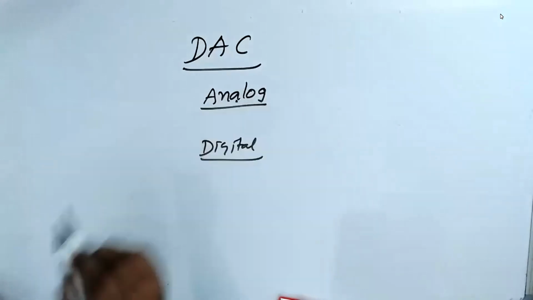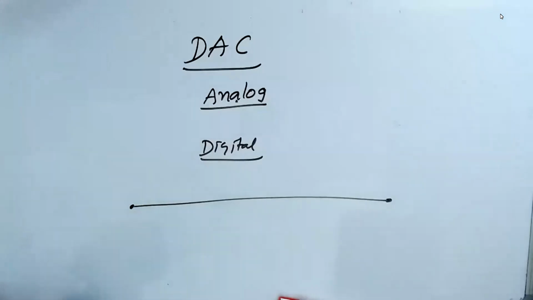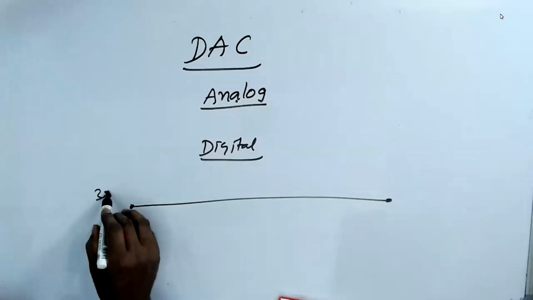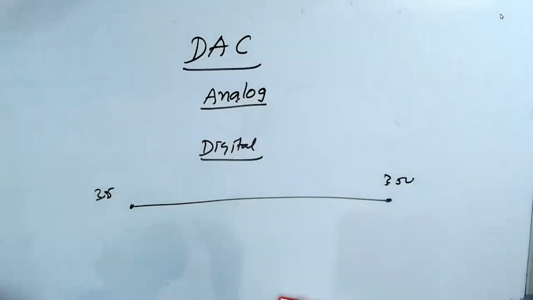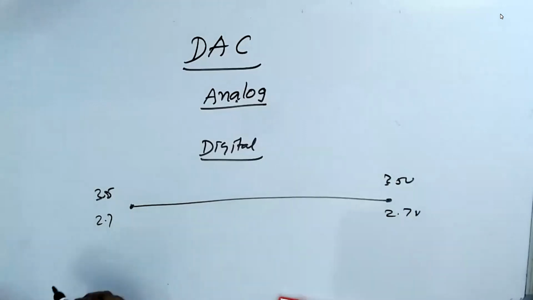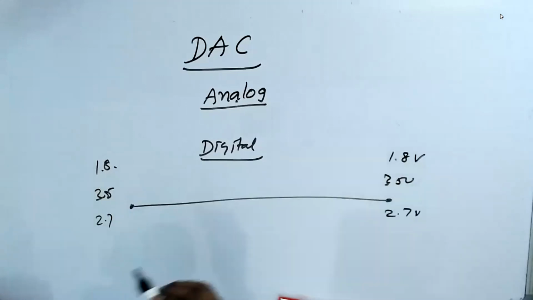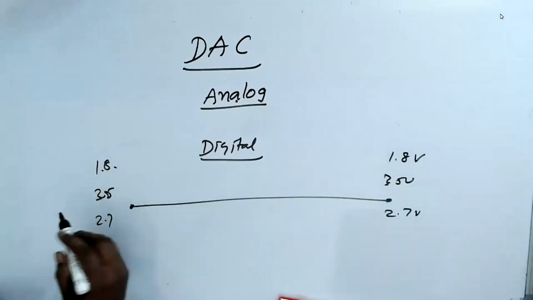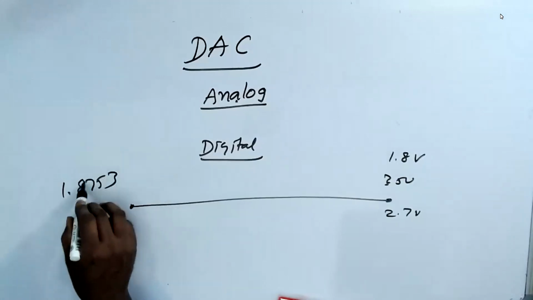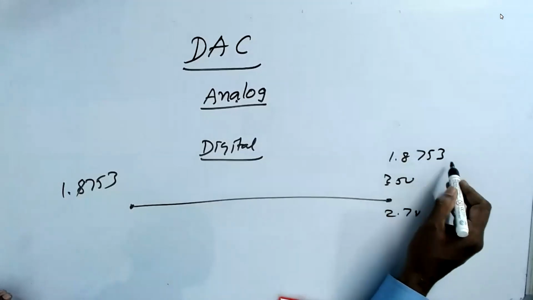The advantage of analog is I have a wire and I can transmit any voltage. If I apply 3.5 volts, it will go as 3.5 volts. If I give 2.7 volts, it will go as 2.7 volts. If I give 1.8 volts, it will take 1.8 volts. For example, if I'm transmitting 1.8753 volts, it will be 1.8753 volts.